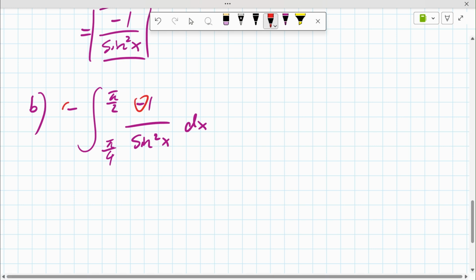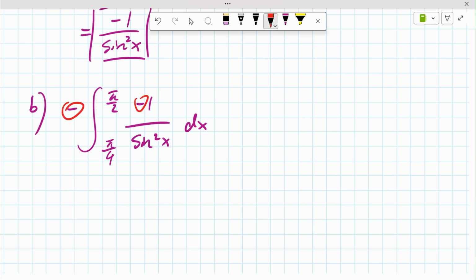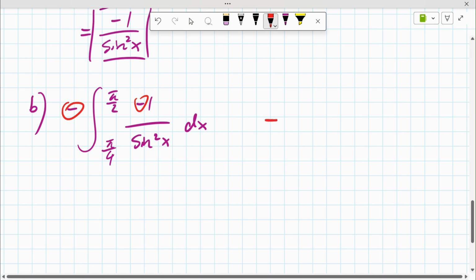Because the negative equals positive. So now we can figure this out, from pi over 4 to pi over 2, it can be equal to negative cosine x over sine x.